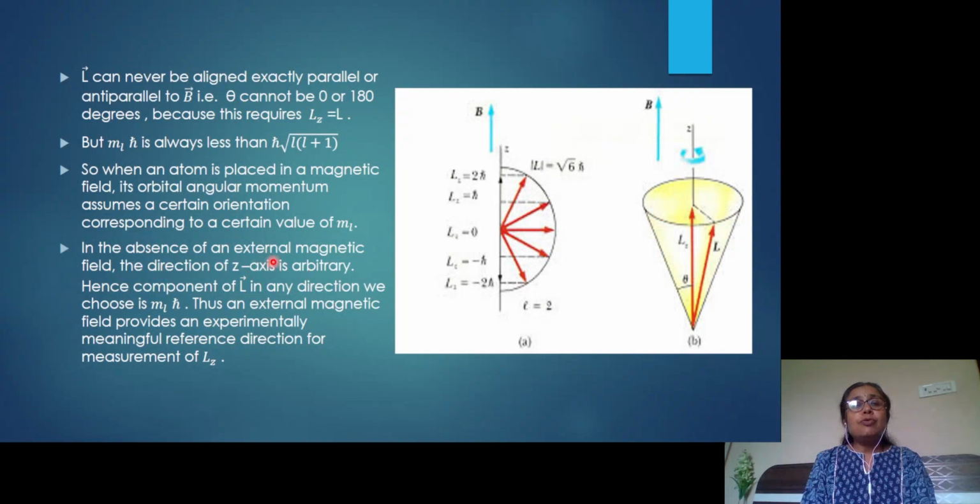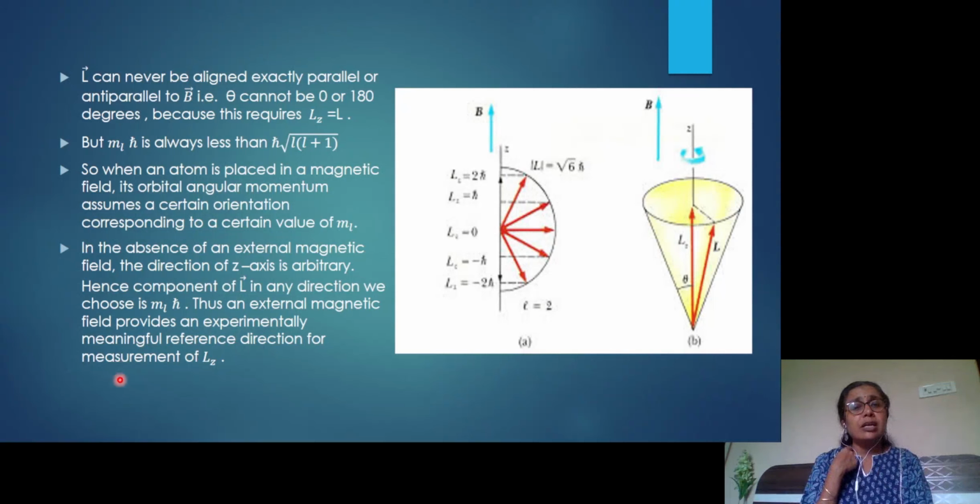In the absence of an external magnetic field, the direction of the z-axis is arbitrary. Hence, the component of L in any direction we choose is mlħ. Thus, an external magnetic field provides an experimentally meaningful reference direction for the measurement of Lz. Because when the magnetic field was not applied, there is no reference direction.